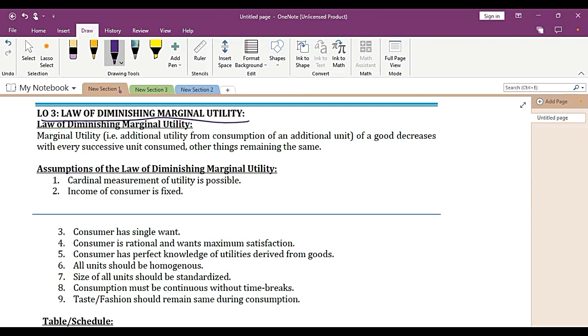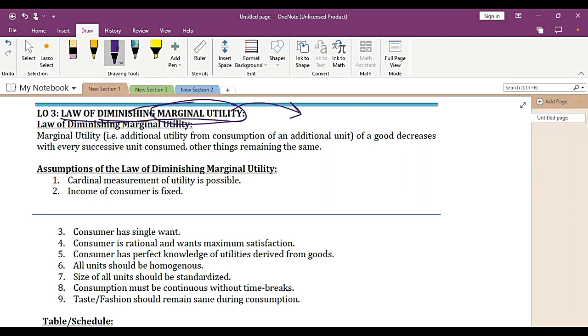Its name also states what it is. The first thing that you have already learned is marginal utility. Marginal utility is the additional utility that is obtained from the consumption of subsequent units of a product. So, what is the law of diminishing?